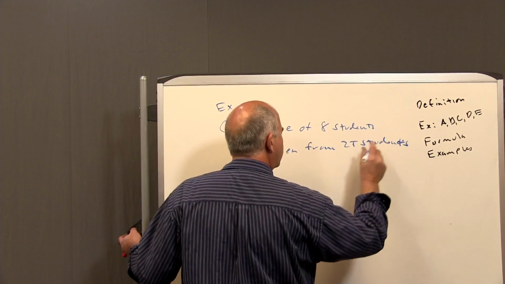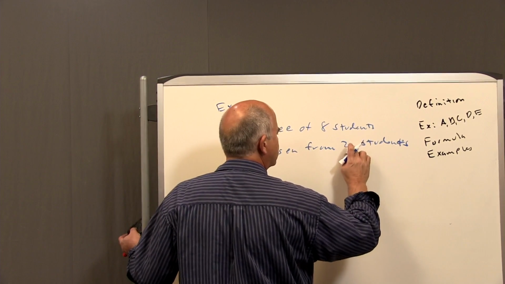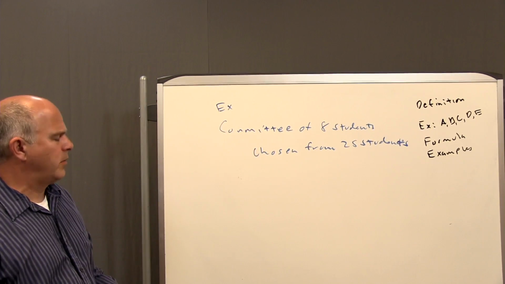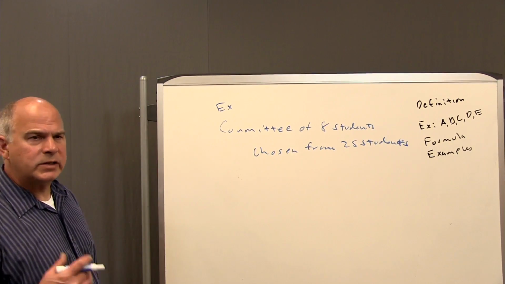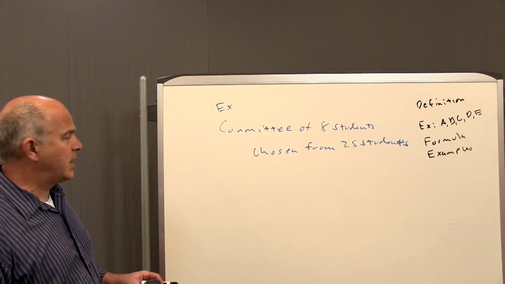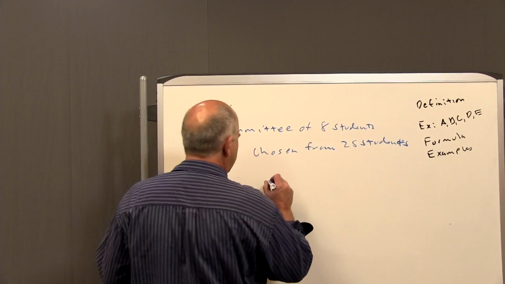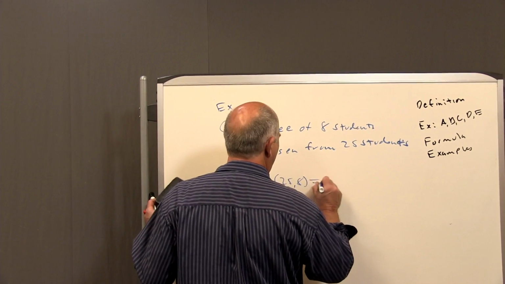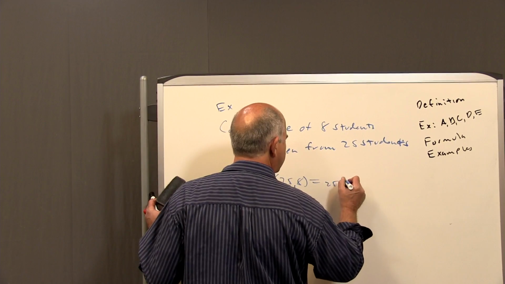Committees are a good example of a combination because the order that people are chosen in doesn't really matter. You just care that you're on the committee. So that's C of 25, 8, or 25C8.